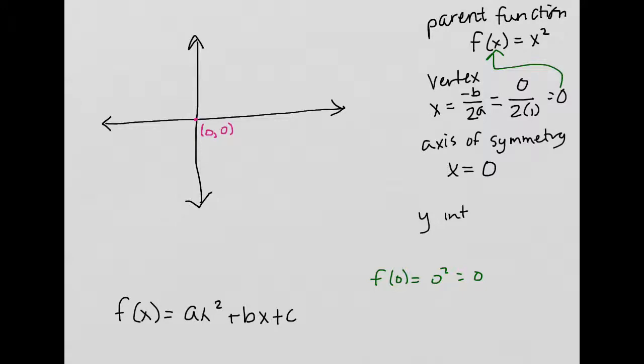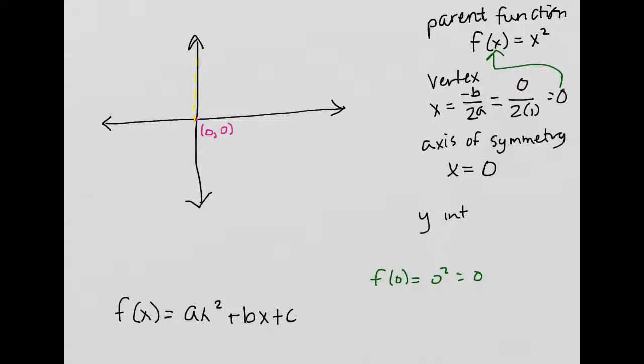Now here's the thing I want you to see. This axis of symmetry happens to be right here on top of the y-axis. That's not always true, but it is today, for this specific function only.